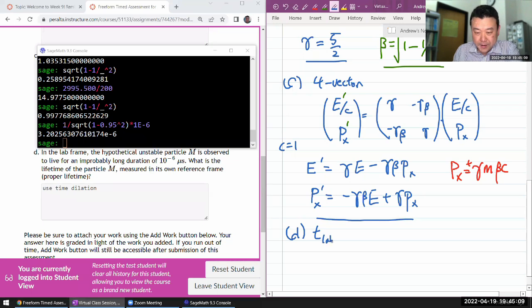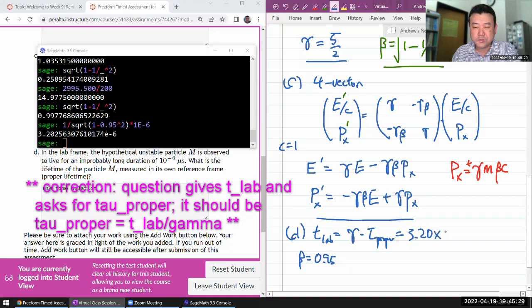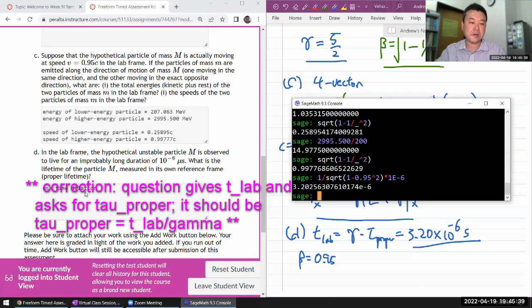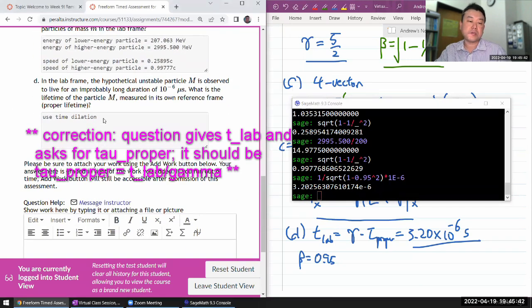So the lifetime, which is gamma times the proper lifetime, with all these numbers for beta equals 0.95 c, is 3.20 times 10 to the minus 6 seconds. Depending on how much is missing, you might not get full credit, but it's always better to have something here than a completely blank thing.